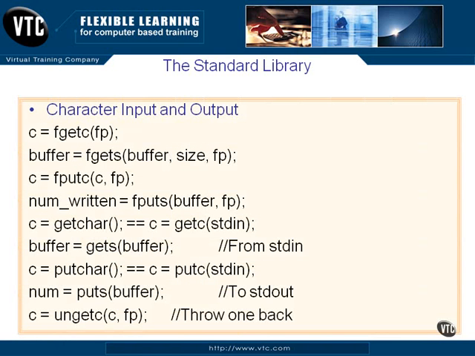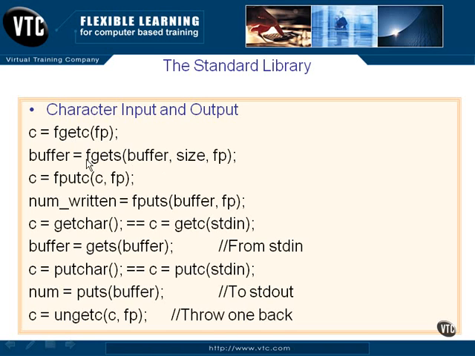There's also character input and output, that after we have a file open or we're going against standard in and out, here we have fgetc from a file pointer gets a single character. fgets will read a string from a file into a buffer up to this many characters.